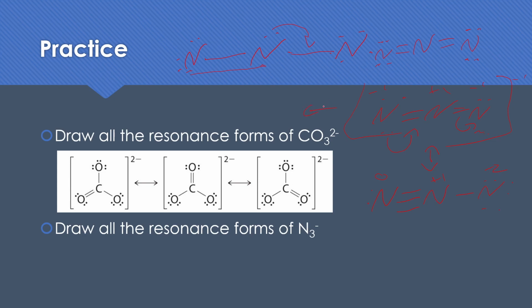We could also do it the other way, right? So this one can go, this one can go boom, boom. So we could also think of this the other way, right? This could go in and that could go out to get triple bond on this side and single bond on this side. Okay?